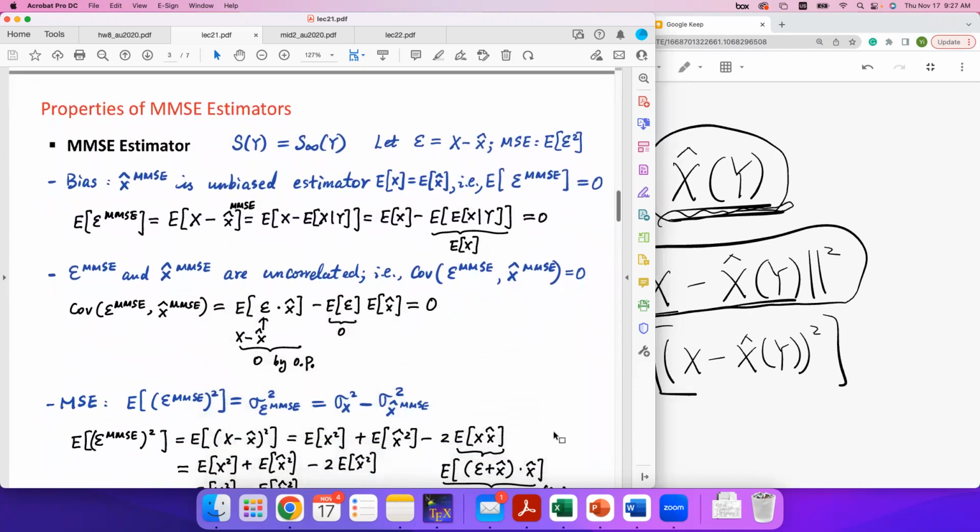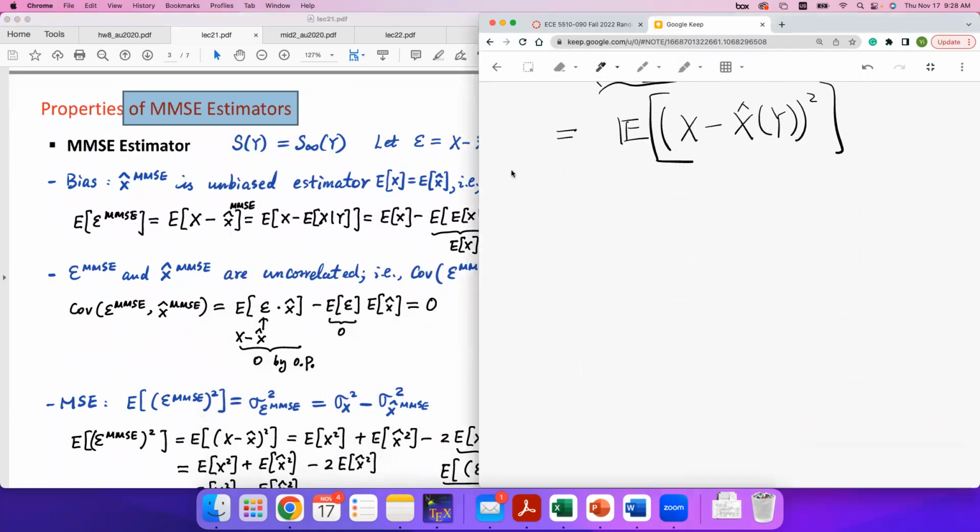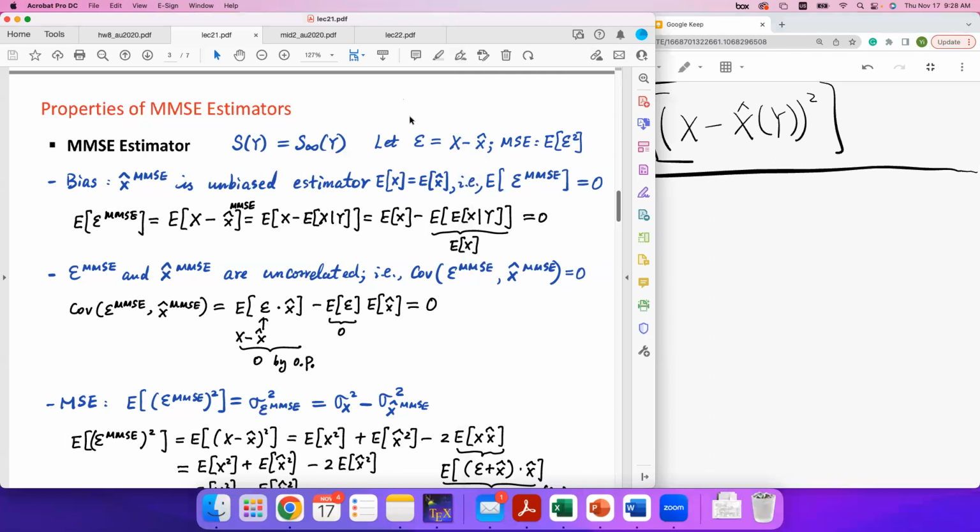Okay. Now, once we have these many different MMSE estimators, we want to know some of their fundamental properties. For example, when we do binary hypothesis testing, once we introduce the MAP rule or the maximum likelihood detection rule, we want to know about the probability of error.